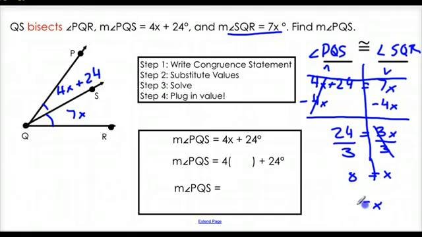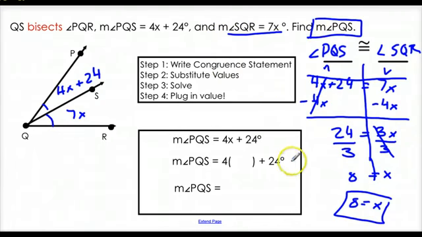Well done. Now that's not what the question's asking us though. We just solved for x. What we're really trying to find is the measure of PQS. Well, what we're going to have to do is substitute x in for PQS. Now we know the measure of PQS is 4x plus 24. To find what the measure of this angle is, we have to substitute x with 8, right?